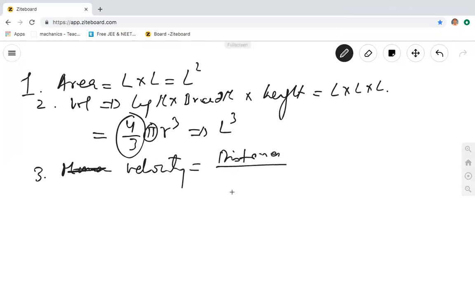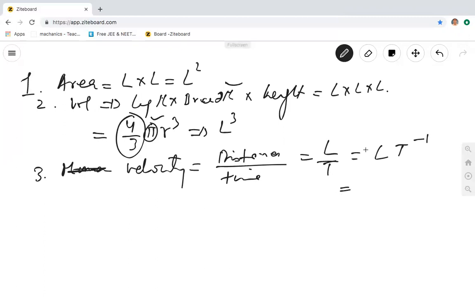Because any relationship you write, you must get the same dimensional formula. The way volume has this formula and that formula, both have given us the same dimensions. Similarly, if you have velocity as distance by time or displacement by time, you'll get the same answer. It is L by T. It is LT minus 1.